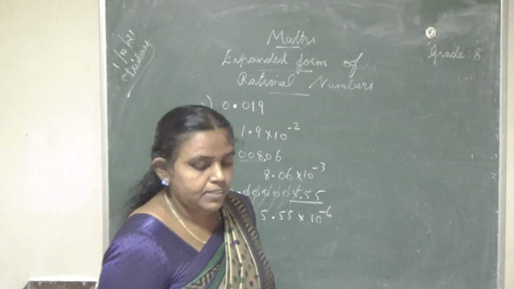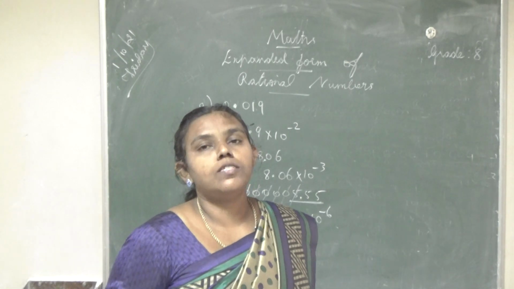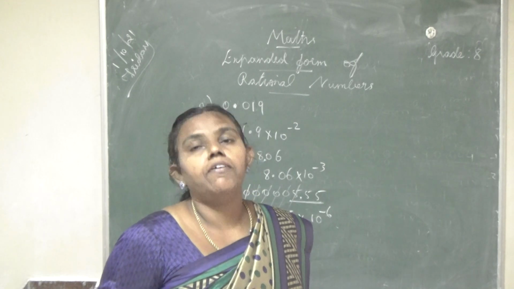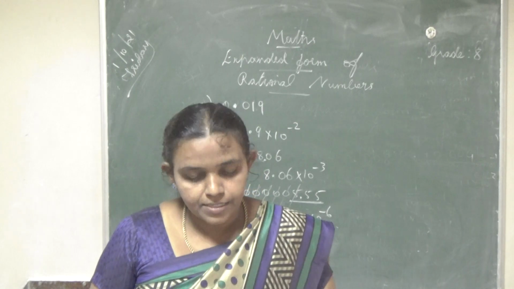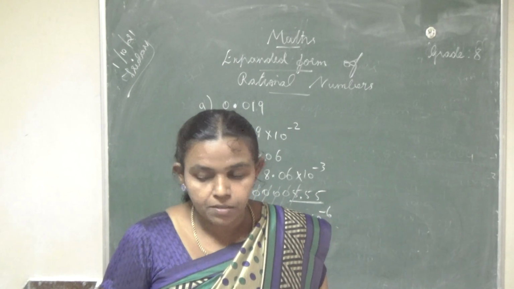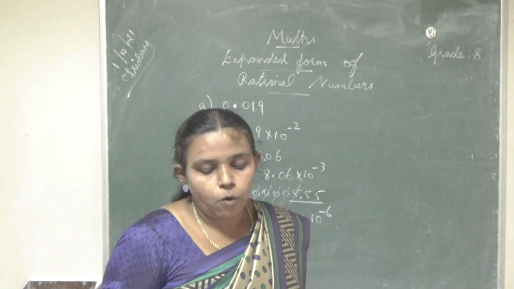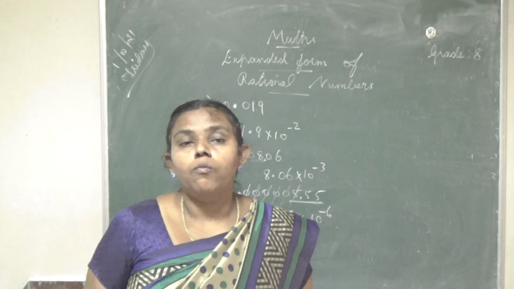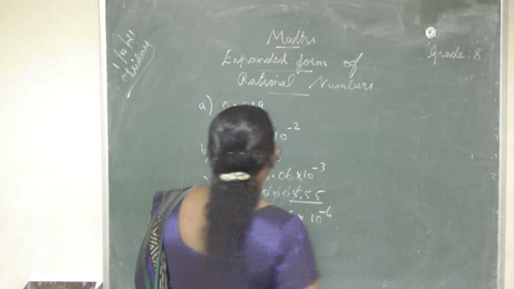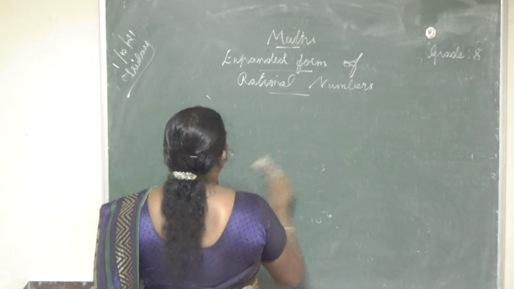It is given in scientific notation: 2.003 into 10 the power minus 2. See, example 14, page number 32. Express the following numbers in the usual form. Which form is given? The standard form is given. Example 14.